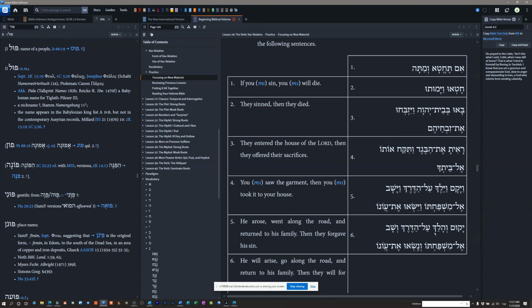I get the use of the vav relative on the prefixed form as part of a narrative feature. I am still trying to digest when you would use the vav relative on the unprefixed form. I'm trying to figure out, why is it better to say imperfect, vav relative perfect, instead of imperfect, vav conjunction imperfect.